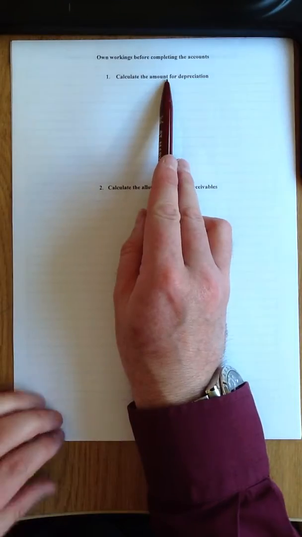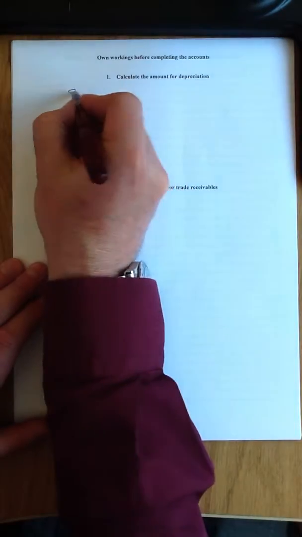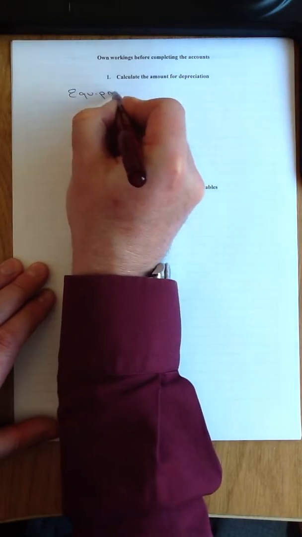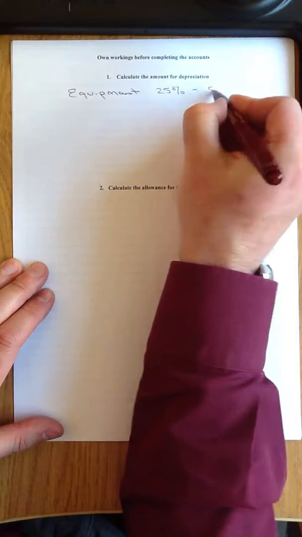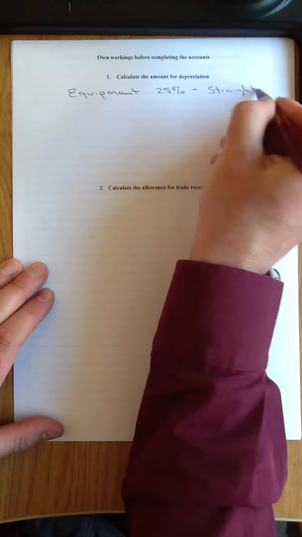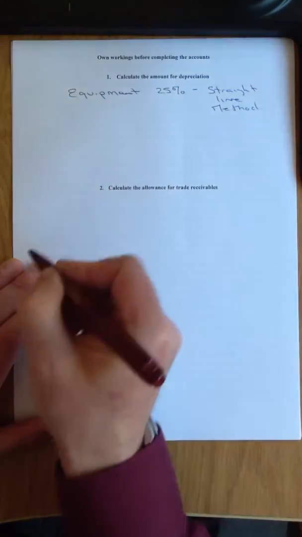So this will be a calculation that you will do out for yourself. Calculate the amount for depreciation. It tells you in the question paper that the equipment is going to be depreciated by 25% using the straight line method. Okay, so straight line method comes off cost.